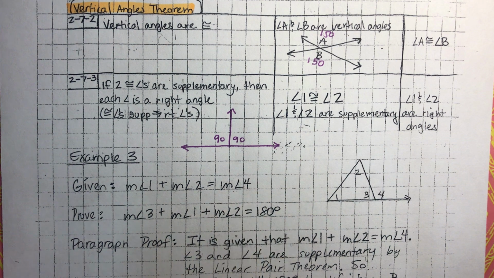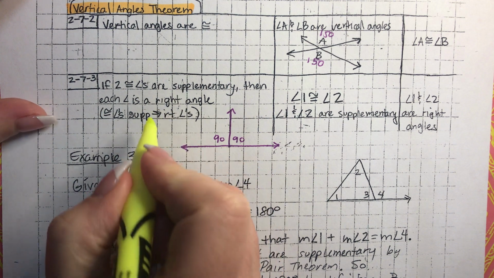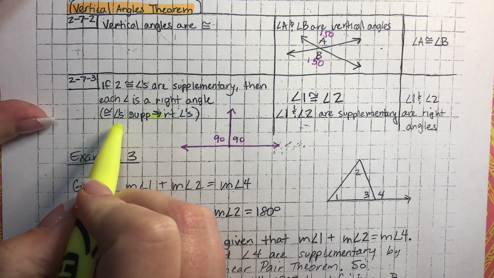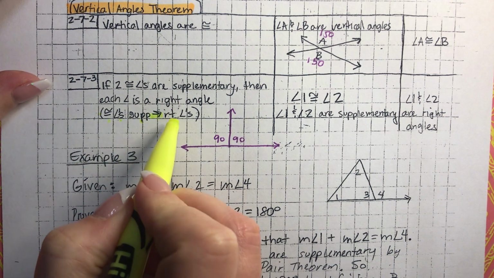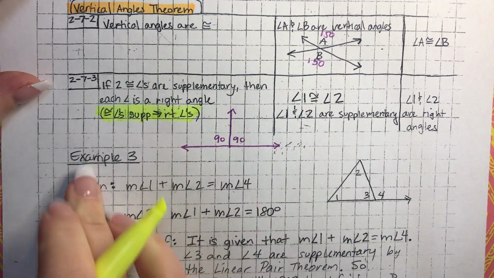And then this would be the reasoning for it. They use that conditional statement format right here. We should probably say if 2 congruent angles are supplementary, then they are right angles. That's the reason for it.